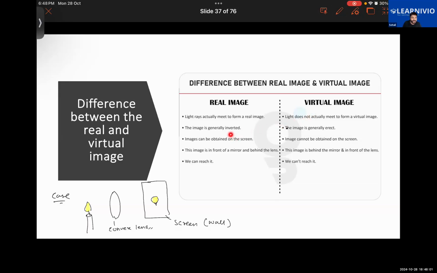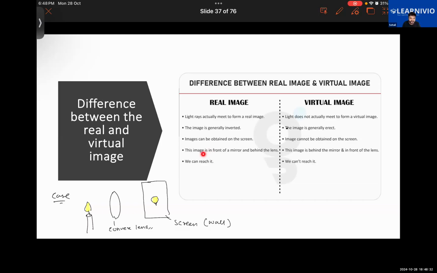Further, in the case of a real image, it can be obtained on a screen, as we have obtained this. But can you obtain the image that you are seeing in the plane mirror on a screen? Obviously, no. Since they are virtual images and the rays are not actually meeting, it cannot be obtained on a screen. And this fourth point, we will be relearning while learning about the lens.